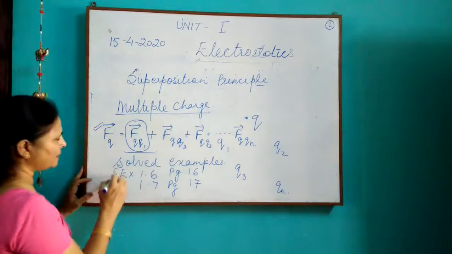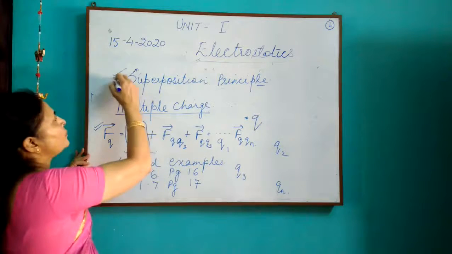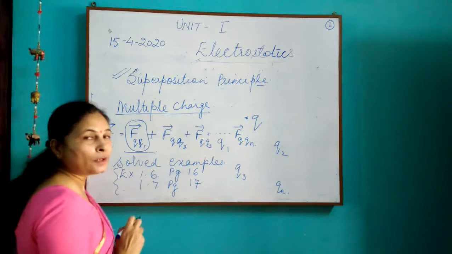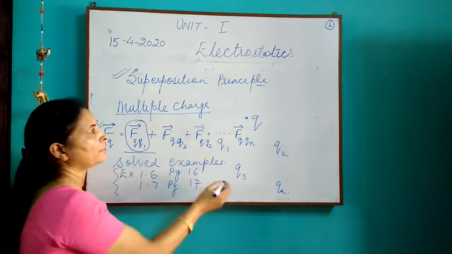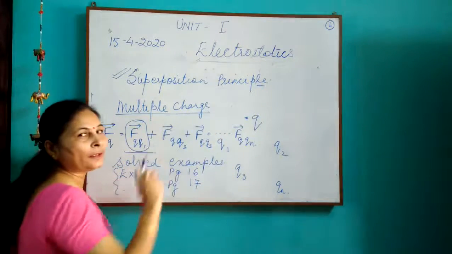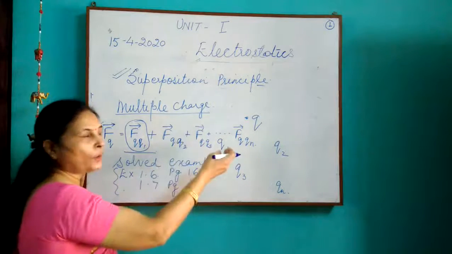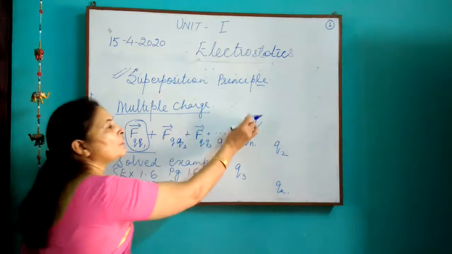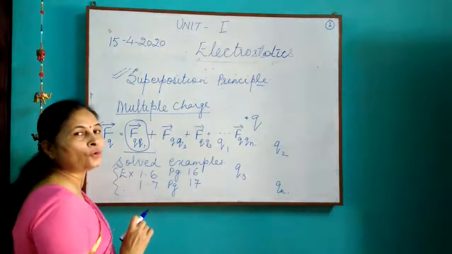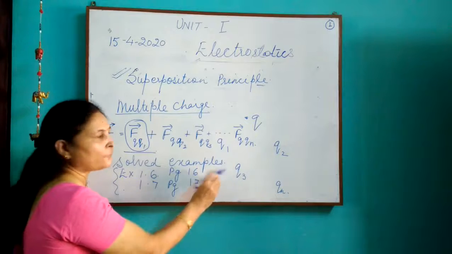By doing those two exercises, it will be more clear to you how this superposition principle is being used for calculating the force on a particular charge due to many other charges. Thank you. In the next video, we'll talk about how to use Coulomb's law to calculate force if the charge is not a point charge.